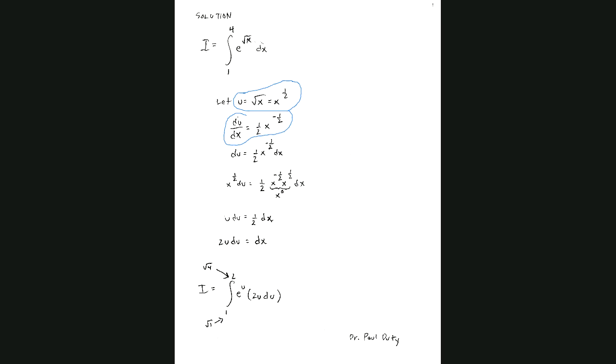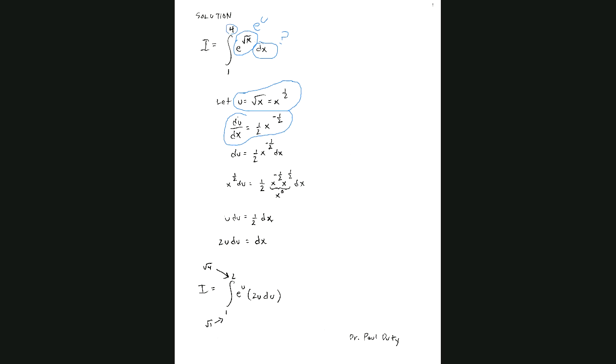Just on this integral, we're replacing e to the square root of x with e to the u. And now we have to figure out what dx is going to be. What is dx going to equal? And obviously the two limits will get changed.